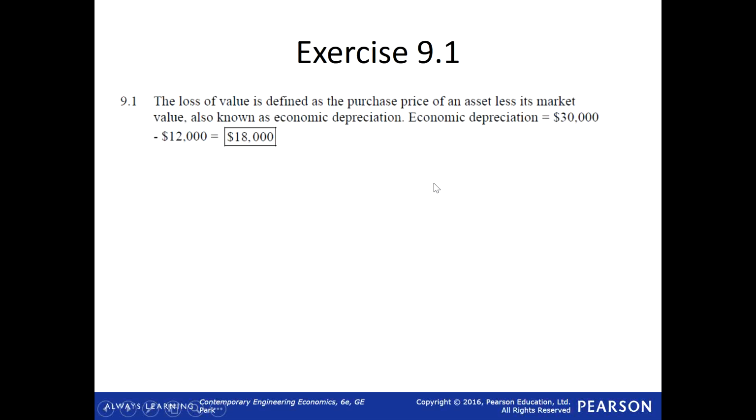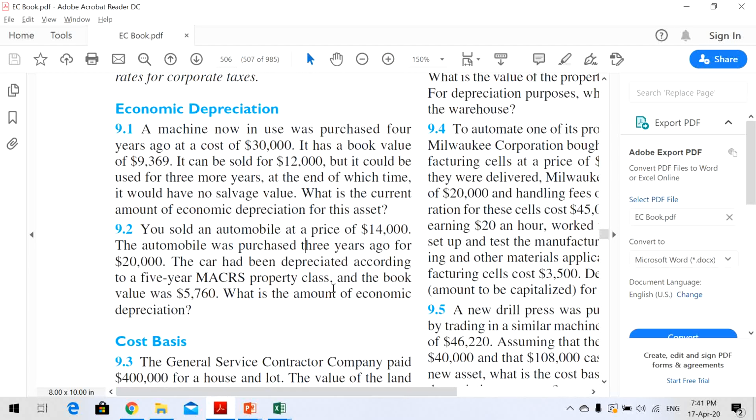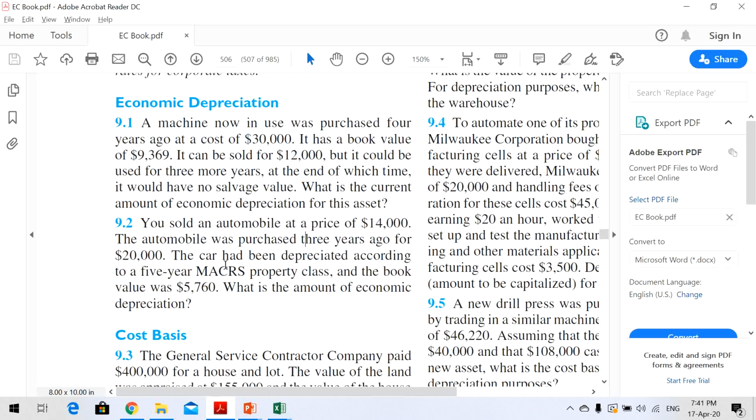I hope it's clear. Now the next one is 9.2. This is also very similar to this one. I leave it for you to look at and solve. The cost is there, and this is another depreciation method, which we call the modified accelerated cost recovery system.